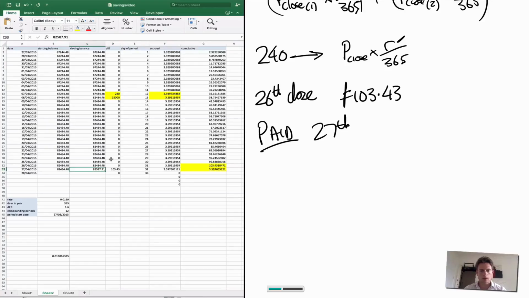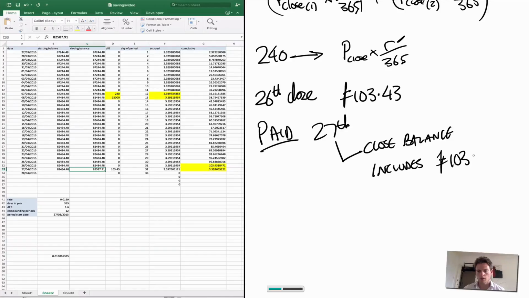So the closing balance on the 27th includes the £103.43 interest, right?